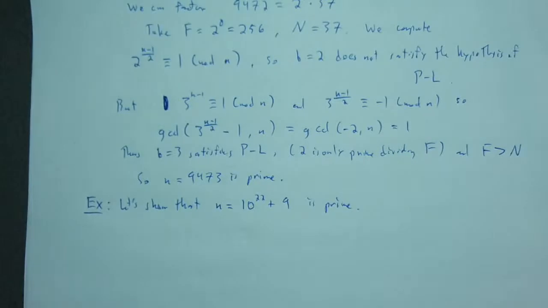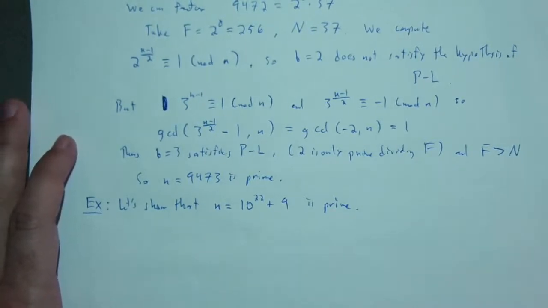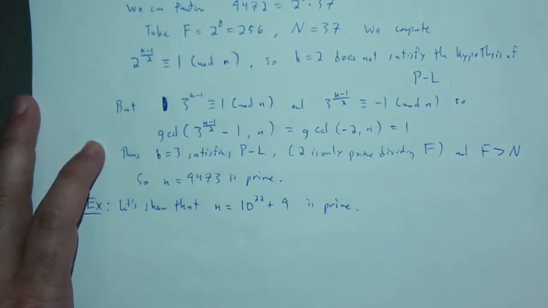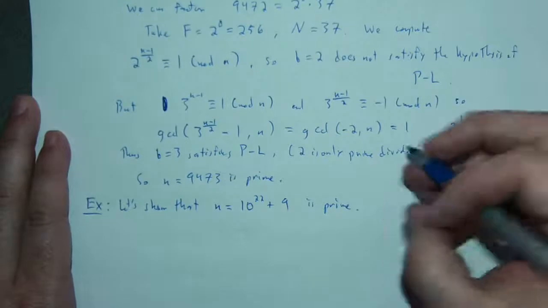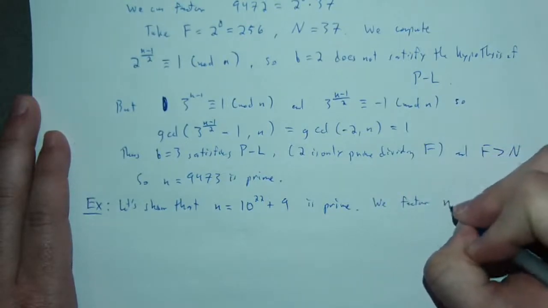So this is a much larger prime than we've ever shown is prime, I think. All right. And so, what do we do here? Well, first we factor n minus 1.